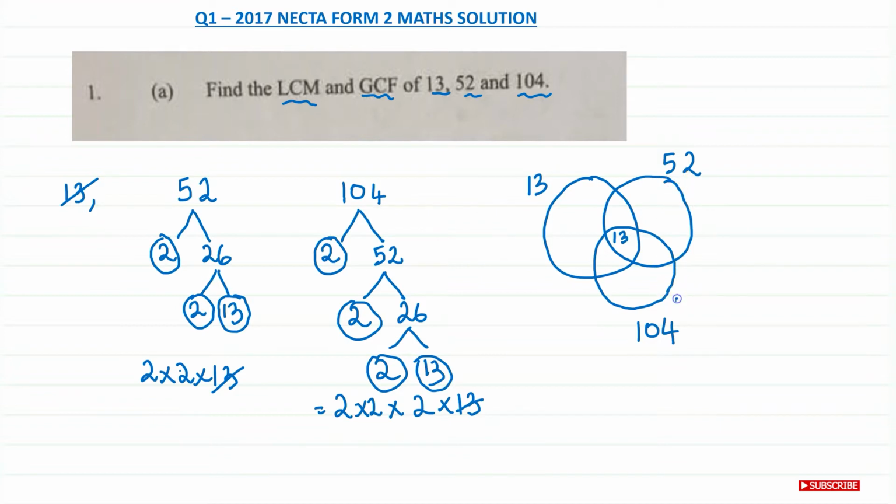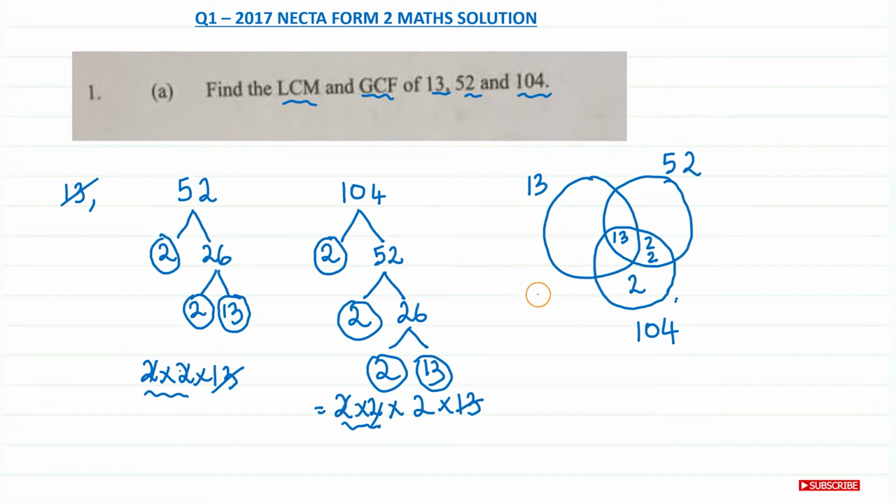There are two 2s in here and two 2s in here which are common, so we cross those two 2s and put them where the two numbers intersect. Now there is one 2 left which belongs to 104, so you put that outside of this intersection. You can see 13 is common amongst all three numbers.